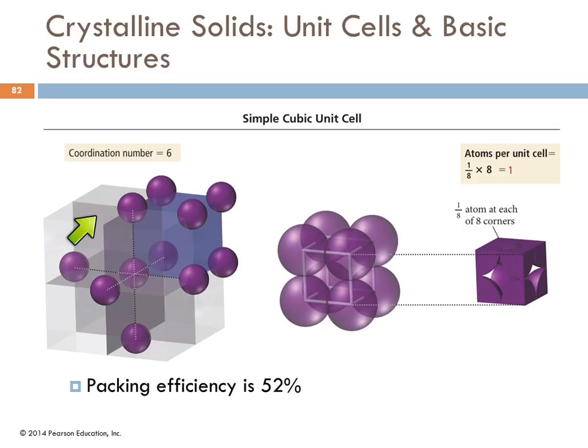Over here, this diagram is showing how it's opening it up a little so we can see what's going on and looking at the coordination number. So if we look at this ball in the center, this atom in the center, how many atoms are touching it? Well, this one, and that one, and this one and that one. So there's 4 in this plane, and there's 1 up here and 1 down there. And so the coordination number is 6. This guy has 6 direct neighbors.